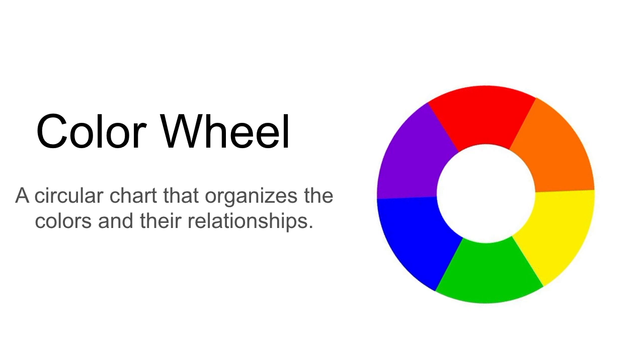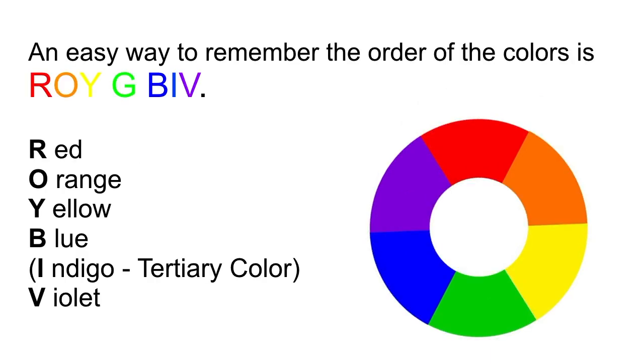Okay, so let's start with a little review. The color wheel is the name for that circular chart that organizes the colors and their relationships. So the color wheel is organized with the colors in the order that they're seen in the rainbow. An easy way to remember that is this phrase Roy G. Biv, which stands for red, orange, yellow, green, blue, indigo, and violet.